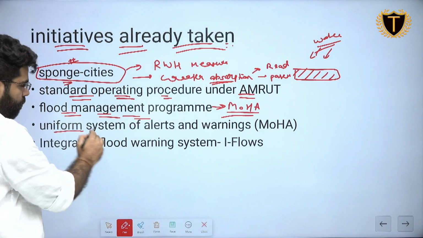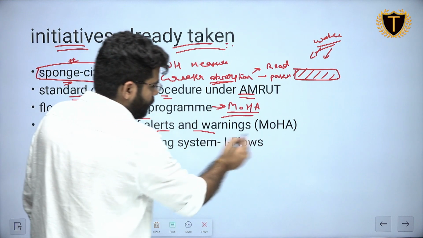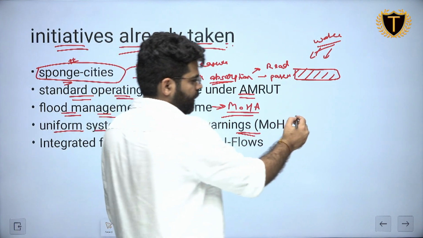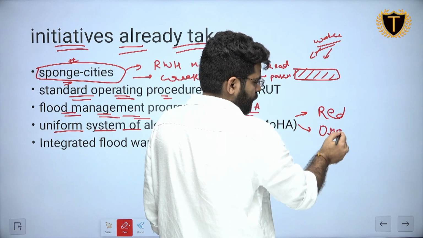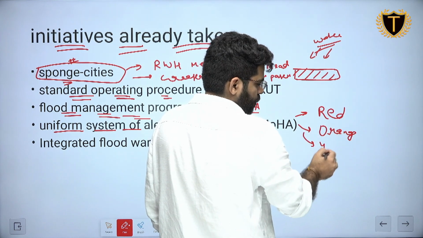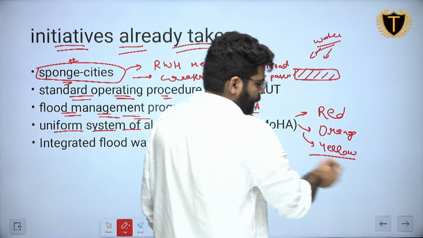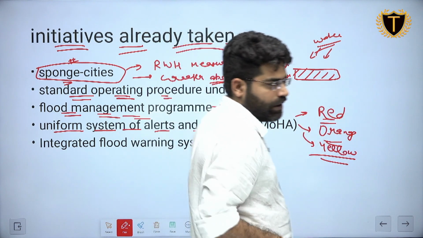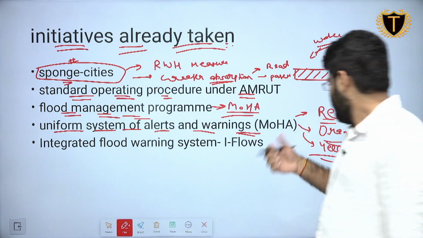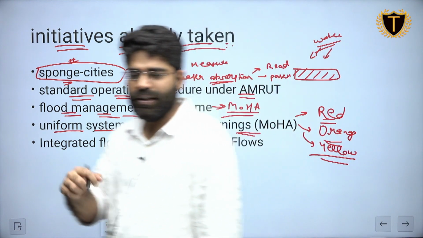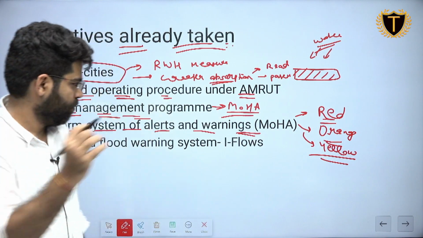Then we have a uniform system of alerts and warnings by the Ministry of Home Affairs. Under this category, there are codes red, orange, yellow, going by the severity of the flood. Red means there is more possibility of destruction, orange is somewhat less, and yellow is the least.